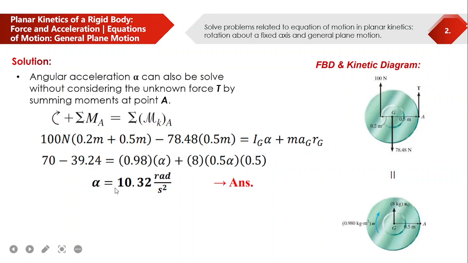Therefore, alpha is equal to 10.32 rad per second squared, the same as we solved previously.